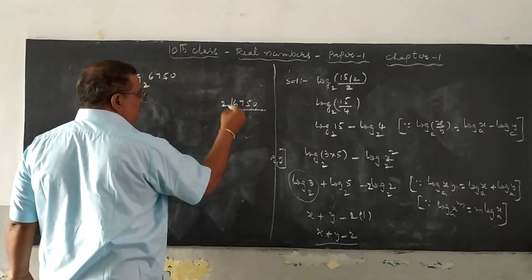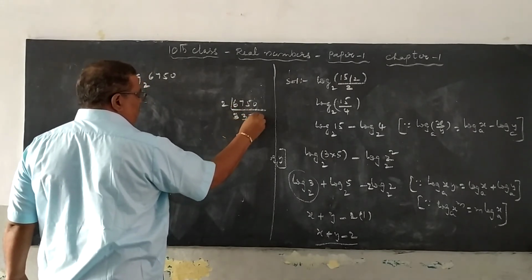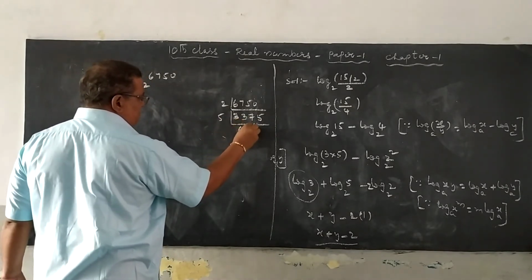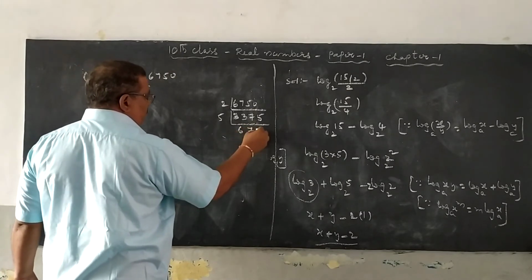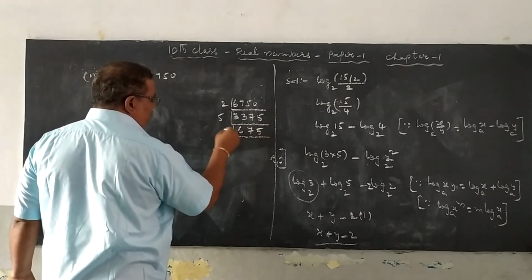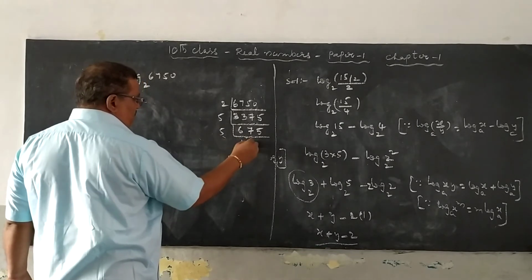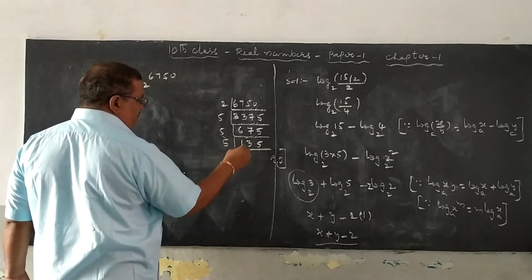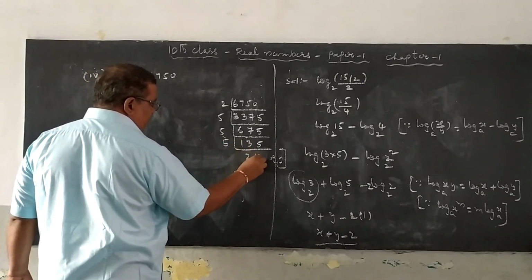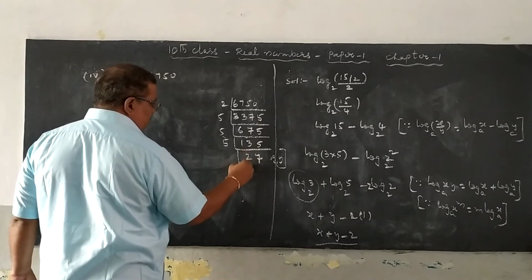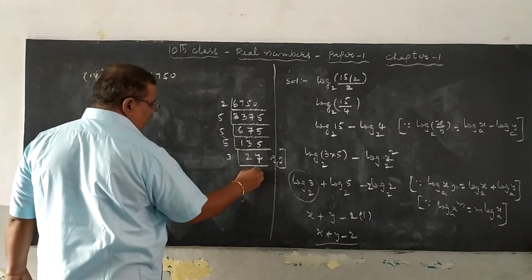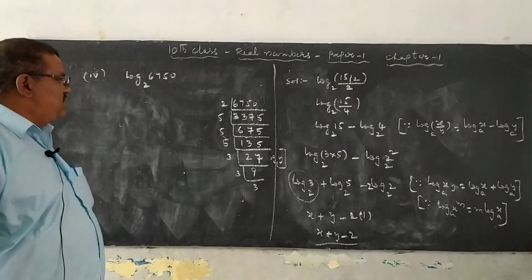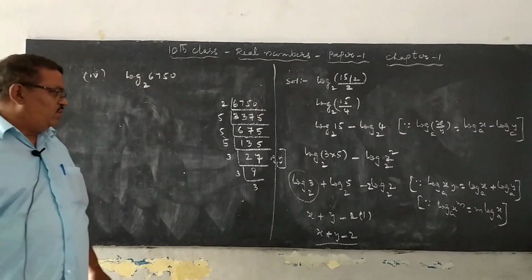One time see. 2 3s are 6, 2 7s are 14, 2 5s, 5 6s are 30, 5 7s are 35, 5 5s are 25, 5 3s are 15, 5 2s are 10, 3 9s, 3 3s. This is the factorization of 6750.